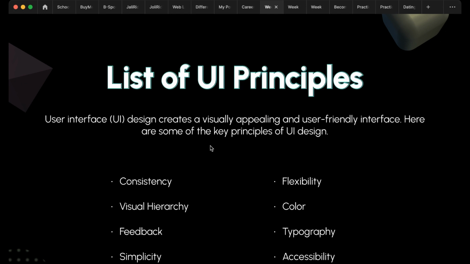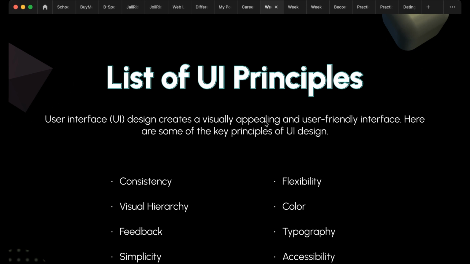Now, what are the UI principles? User interface design creates a visually appealing and user-friendly interface. Here are some of the key principles of UI design. One, we have consistency. Two, we have visual hierarchy. Three, we have feedback. Four, we have simplicity.